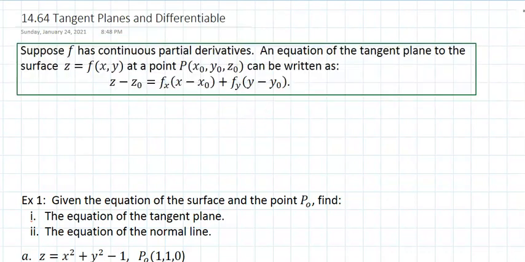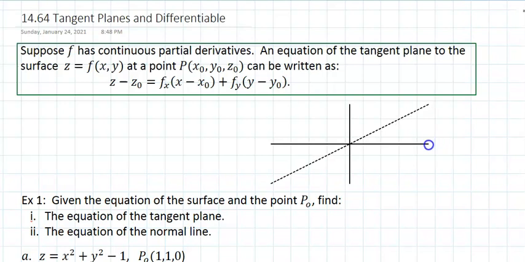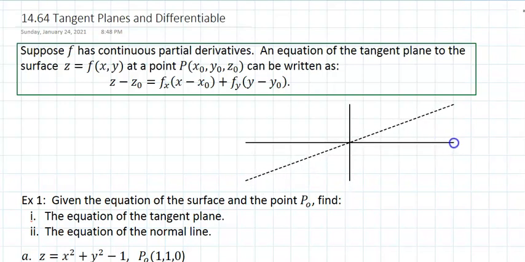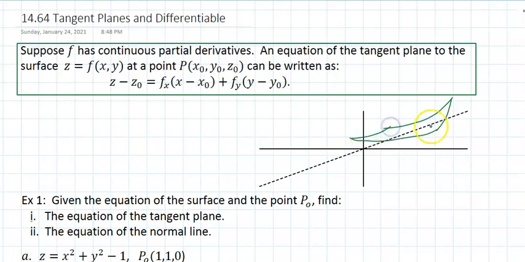So the idea is, suppose that f has continuous partial derivatives, an equation of the tangent plane. So let's say we're looking at a plane. A surface. Let's say we have the surface S defined by z equal f of x, y.